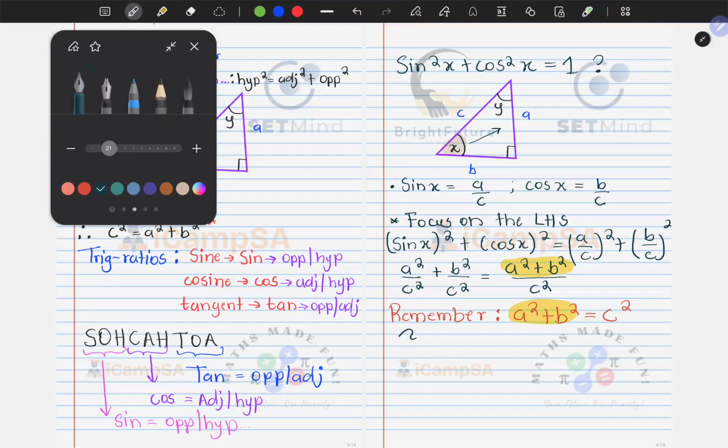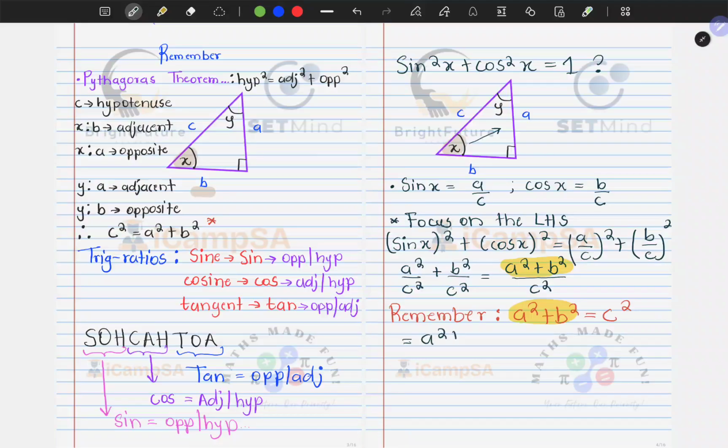So a squared plus b squared divided by c squared just becomes c squared divided by c squared, which becomes 1. So we have shown that indeed sin²x plus cos²x equals 1. Now you have an idea of where this identity comes from.